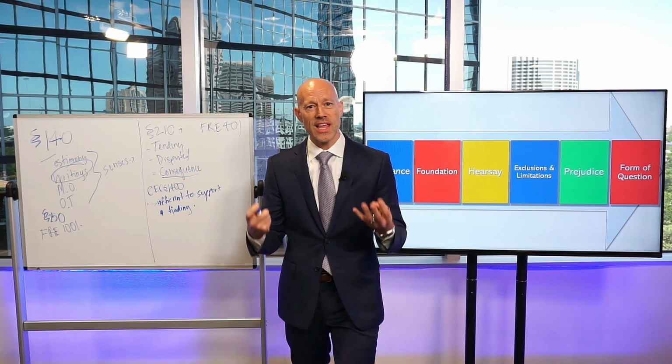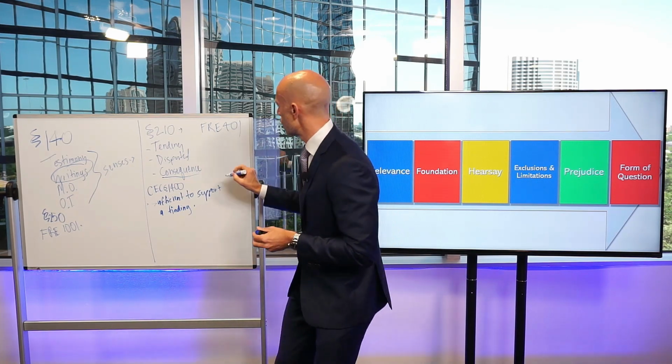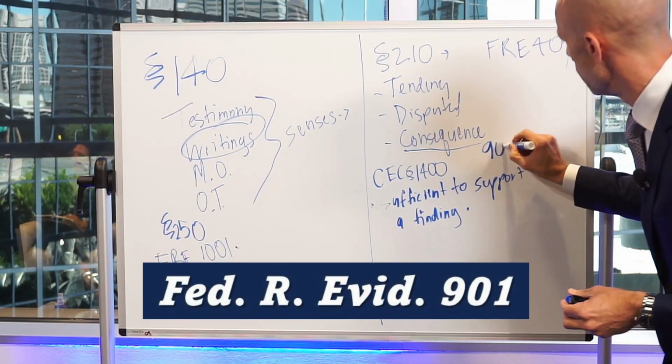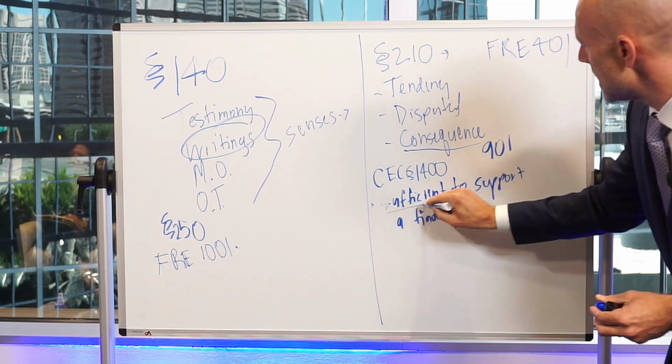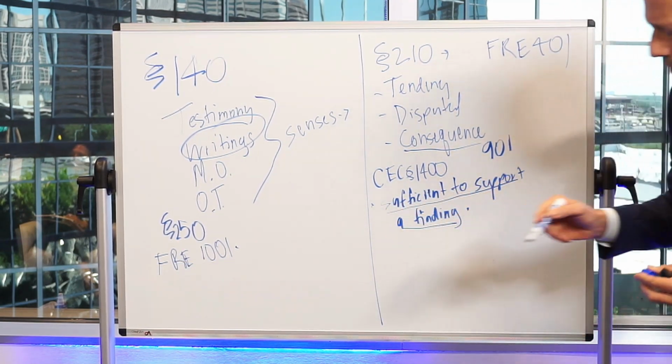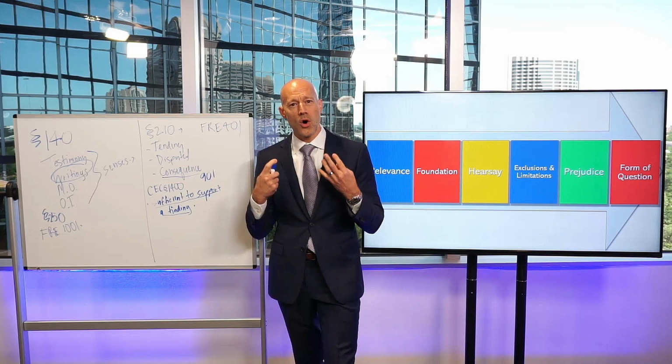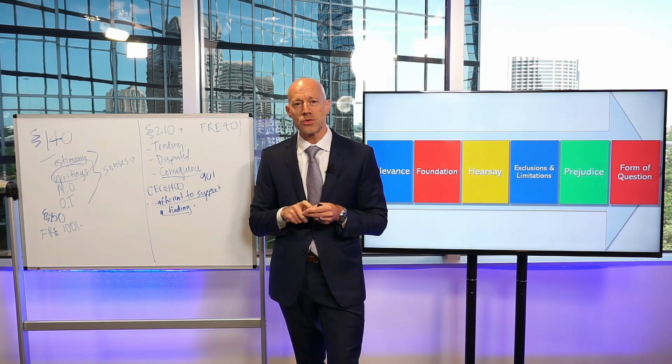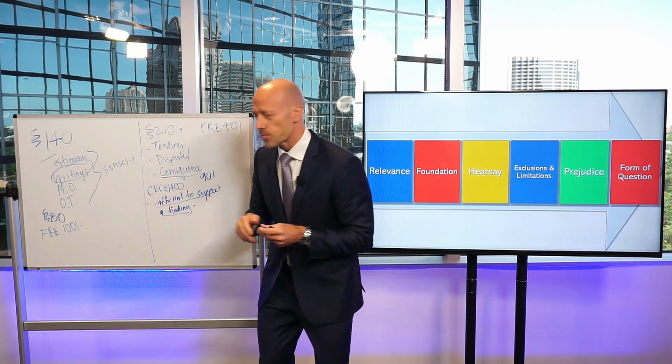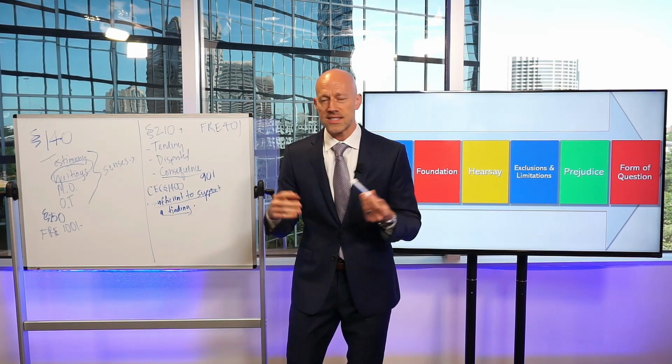We see the same language in the federal rules under Rule 901. And this is the key language. It's super important that we understand this, that the proponent of the evidence is required to introduce evidence sufficient to support a finding. What does that mean?